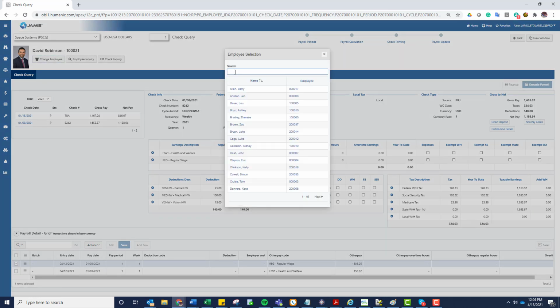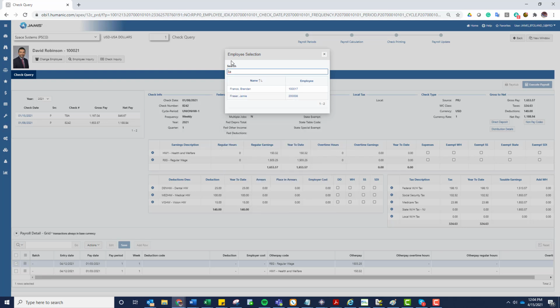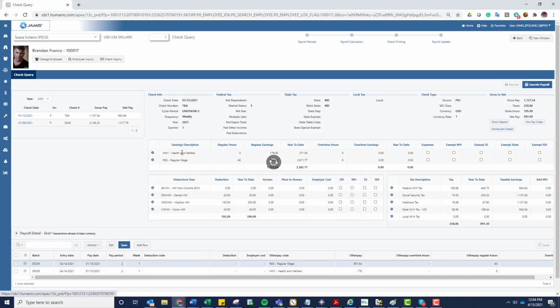Our next example is Brendan. Now, Brendan is similar to David in that if he doesn't make enough money to cover his health and welfare deductions, he ends up paying it out of his regular earnings and it decreases his net pay. However, if he makes more money, instead of him getting just cash, he ends up getting additional benefits.